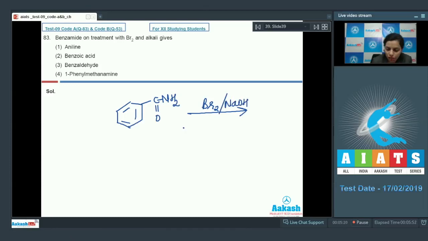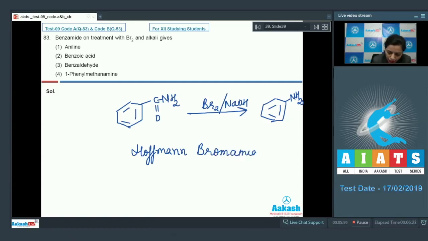Now, during this reaction, there is the formation of aromatic amine, aniline, and this reaction is known as Hofmann bromamide degradation. This is the reaction. We'll choose correctly option 1 for this question.